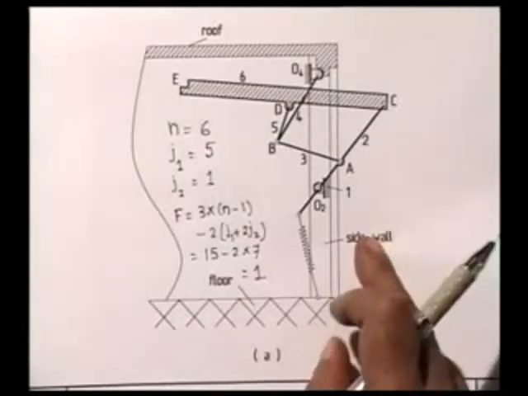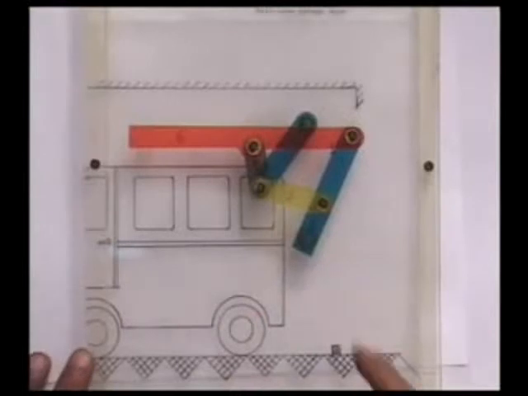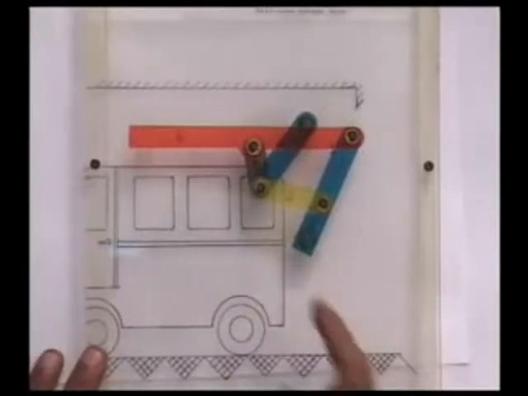In our next lecture, we will try to design another 6-link mechanism for a railless garage door, a garage door which is required. Let us now study the model of this proposed 6-link mechanism.